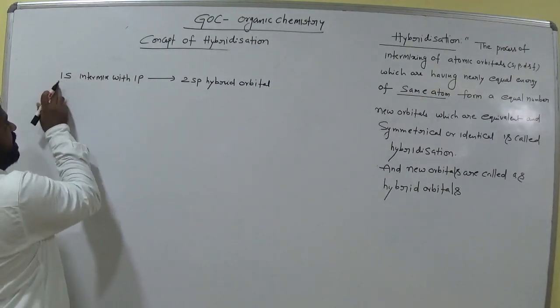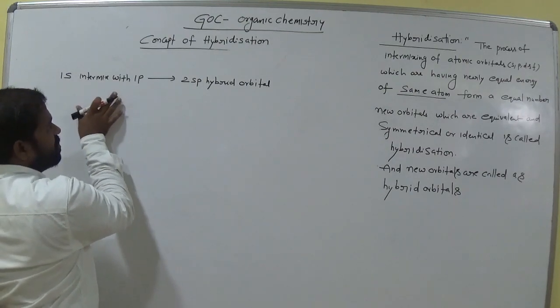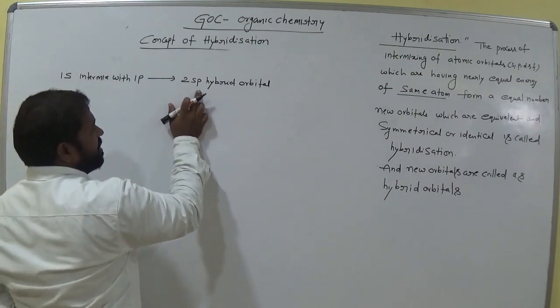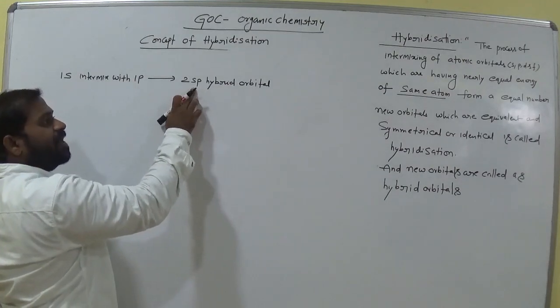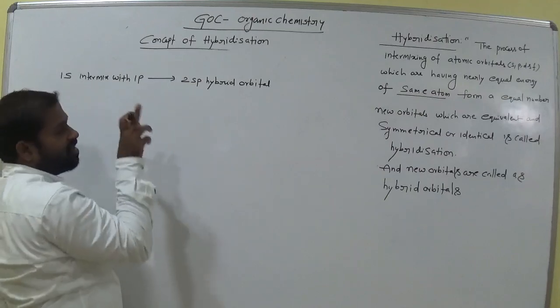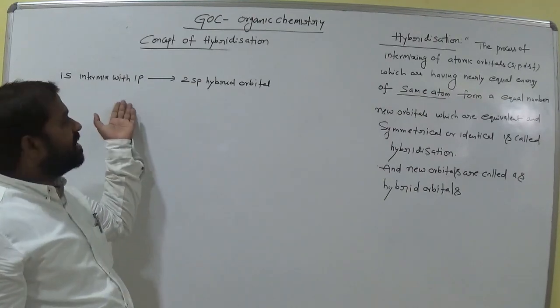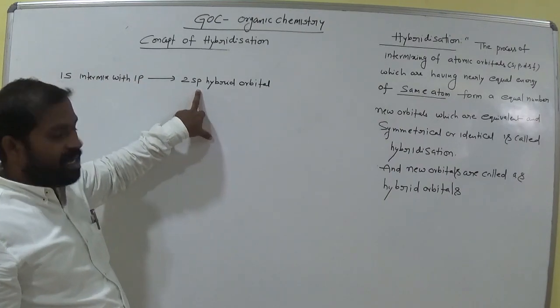So how many s orbitals participate? One. How many p orbitals? One. It gives sp hybridization. They undergo intermixing and form sp hybrid orbitals.